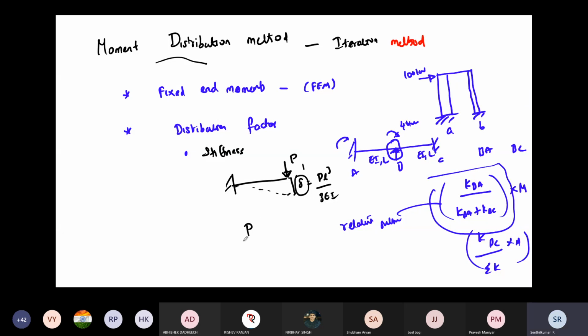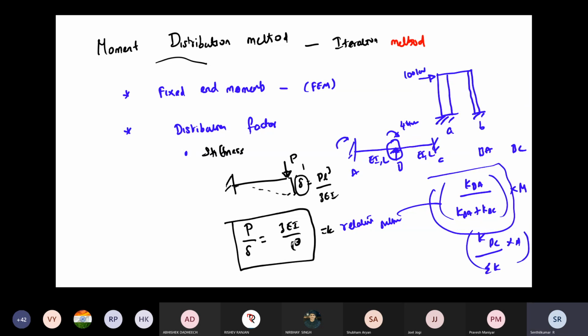Taking P by delta, that is 3EI by L cube. This is your K. To produce unit displacement, how much force is required? That is your stiffness, the translational stiffness.